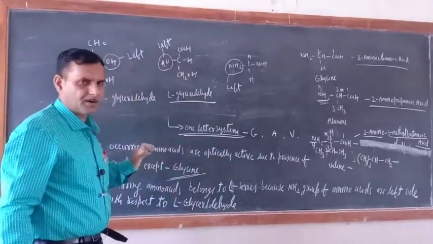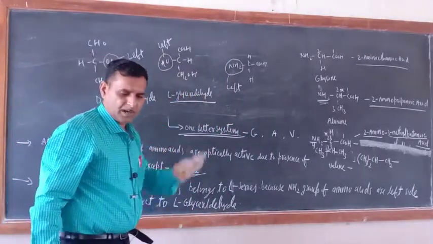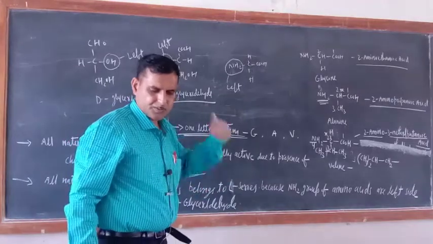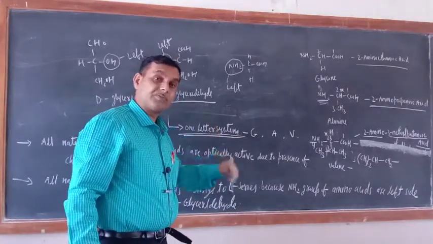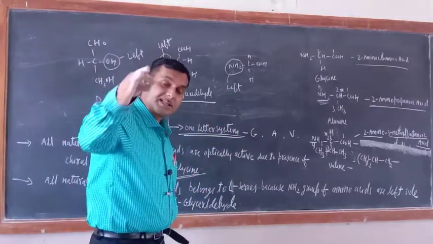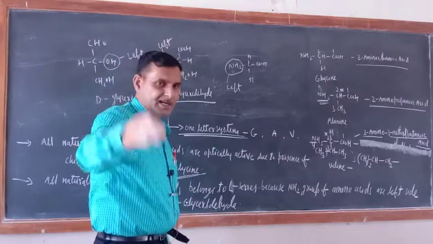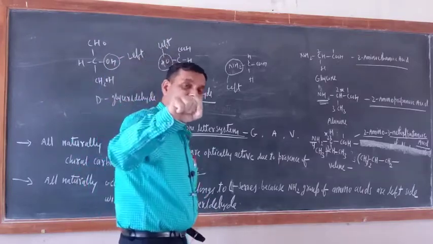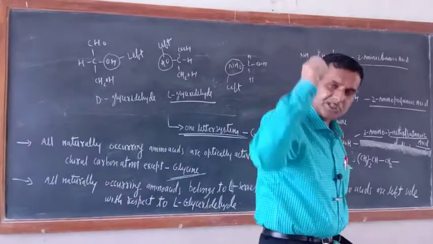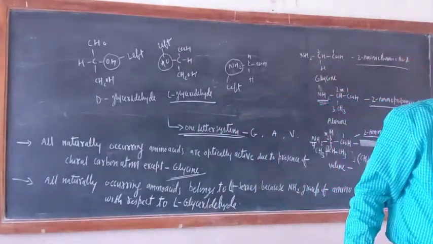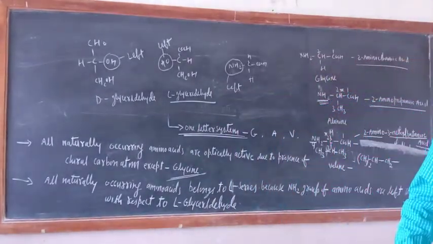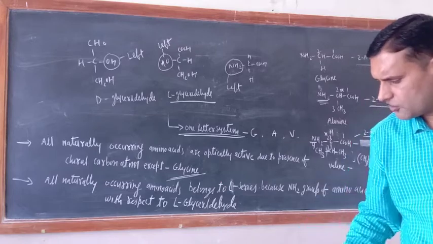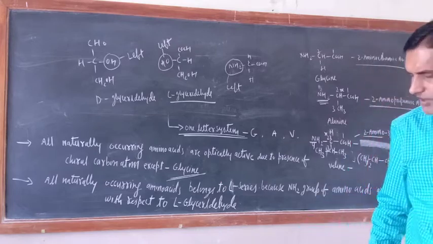Have you got it or not? So while writing the formula, be careful. The NH2 group should be on the left hand side of the chiral carbon atom, and COOH should always be on the right hand side. Means we can say the C terminal should be right of the chiral carbon atom, and the NH2 should be left of the chiral carbon atom. Okay, in this way the introduction of amino acids is over.